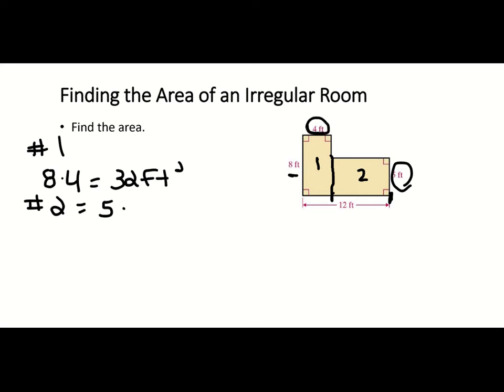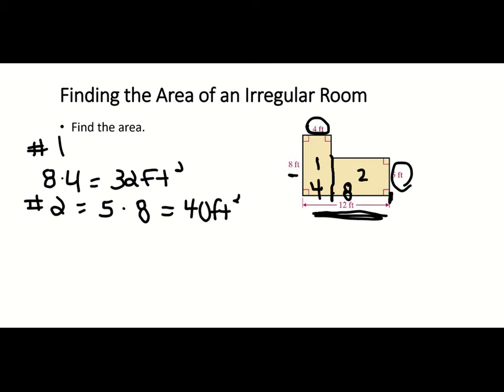That's 4 feet. So in order to get this entire length of 12, I'm going to do 4 plus 8. So my other length would be 8. So 5 times 8 will be base times height. And that's going to give me 40 feet squared.